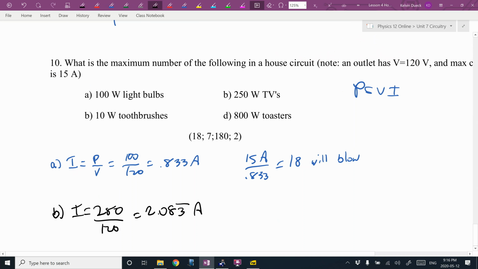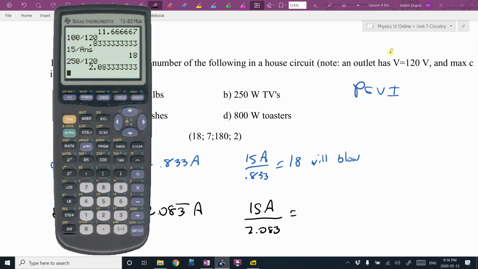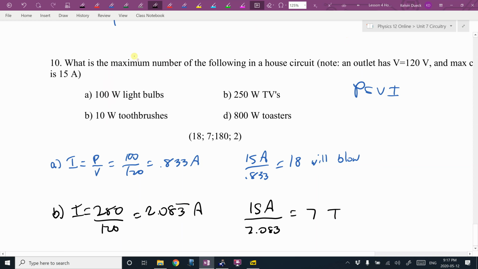That's one TV. And then 15 amps is what we can handle, divided by 2.083. 7.2, so 7 TVs.